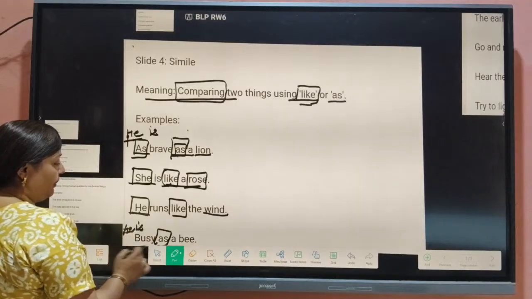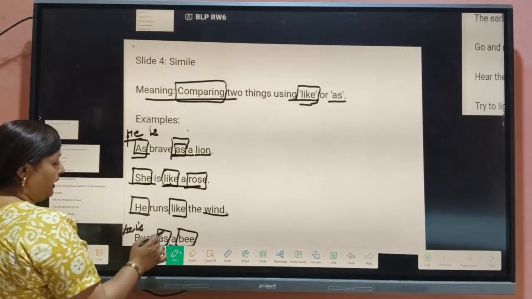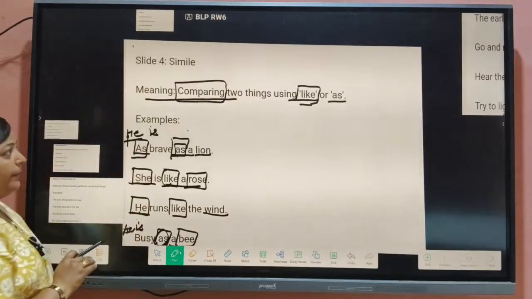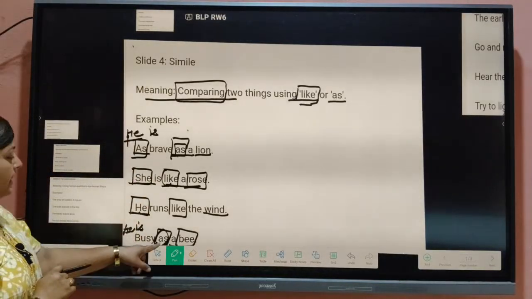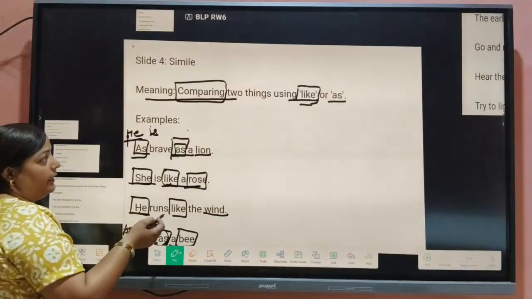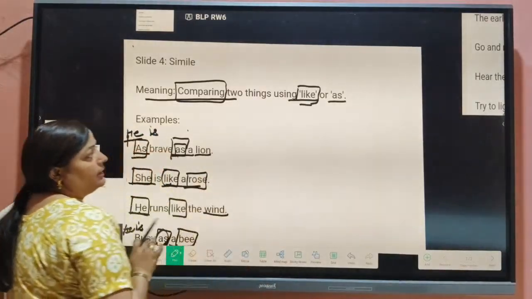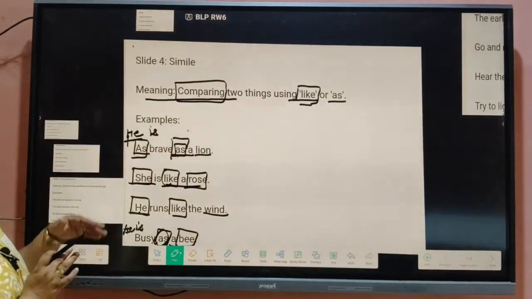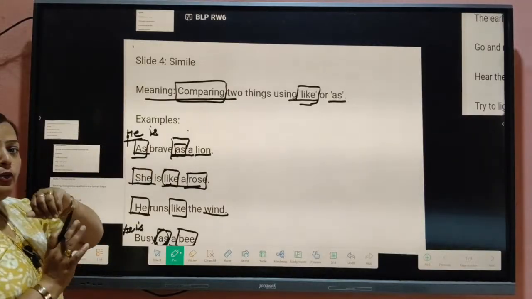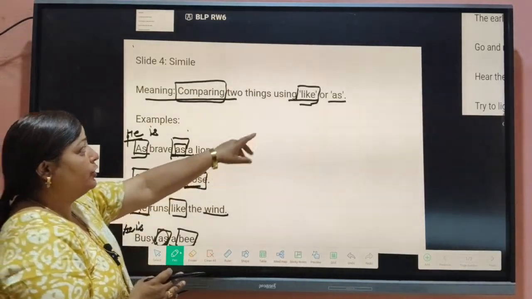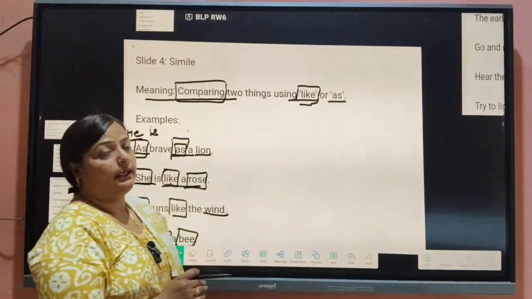Here, he is compared with a bee, and we are doing comparison in all these, using as and like. Then what we must keep in our mind in simile is that we do comparison with the use of the words like and as.